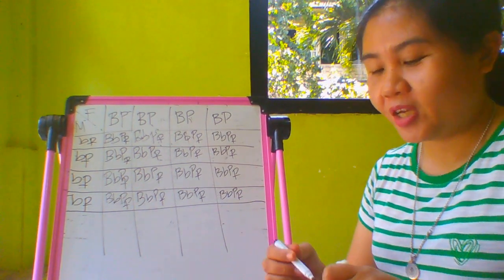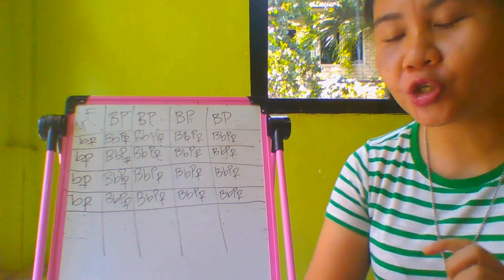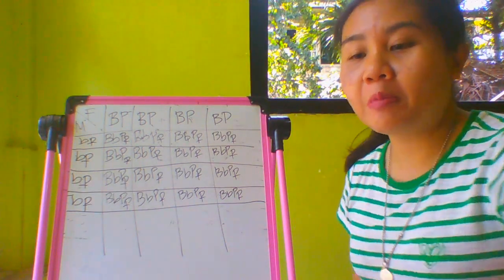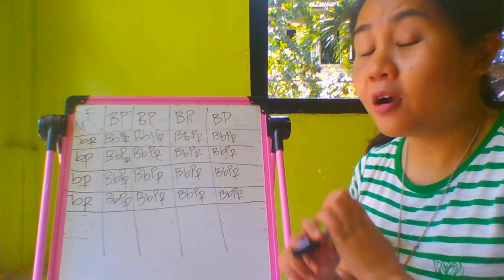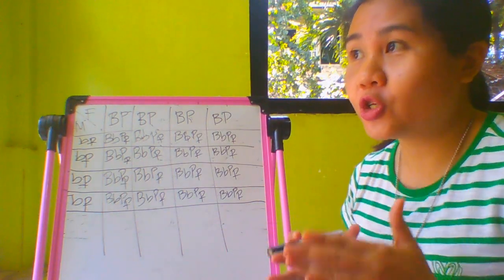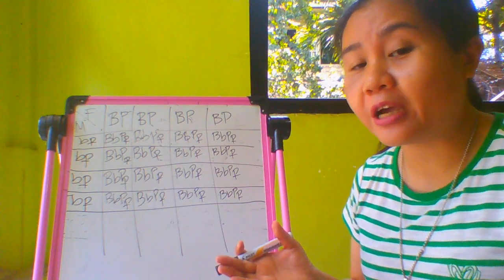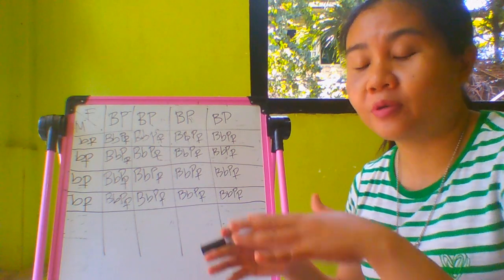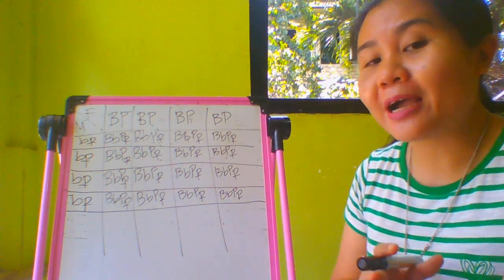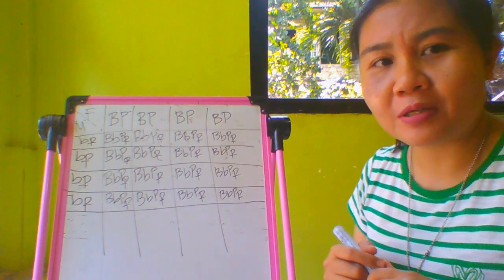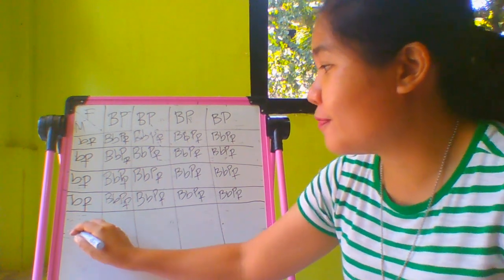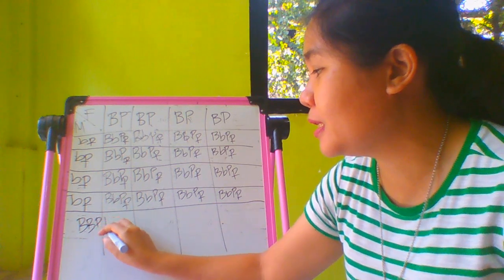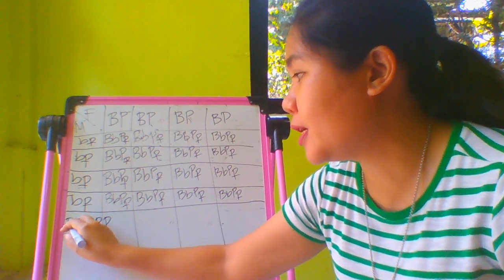Now we're done. There will be questions like, what would be the probability that the offspring could share the same genotype as that of its dam, their mother, or sire, their father? The dam is BB PP. That's the female.